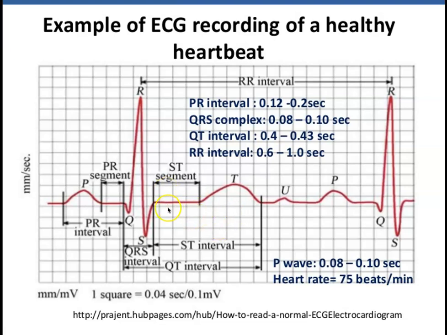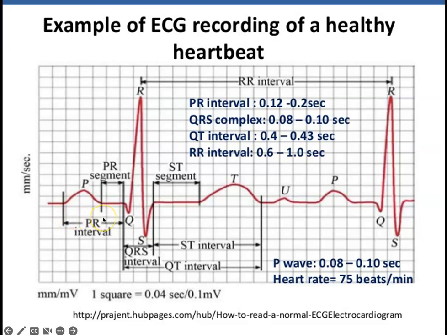And then the T wave is going to tell you, are the ventricles repolarizing? But what the T wave also tells you is what's going on with our potassium levels. So sometimes you can have inverted T waves, which means low potassium, or you can have what's called peaked T waves, which means high potassium. So you'd be hyperkalemic.